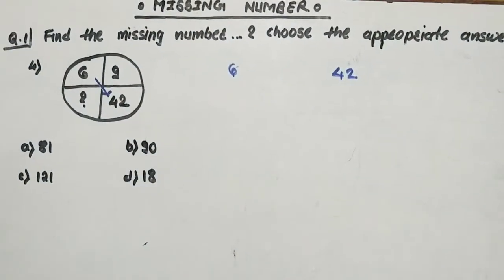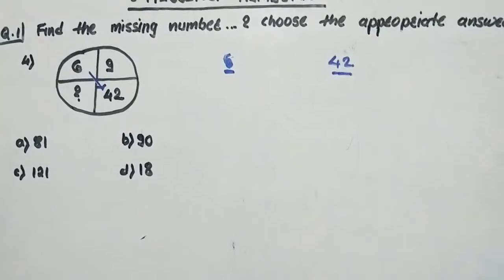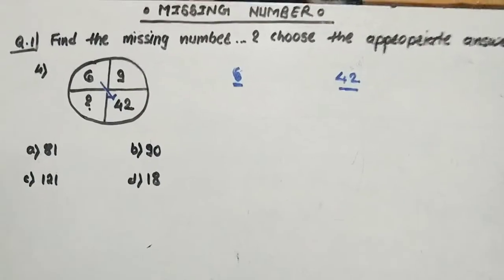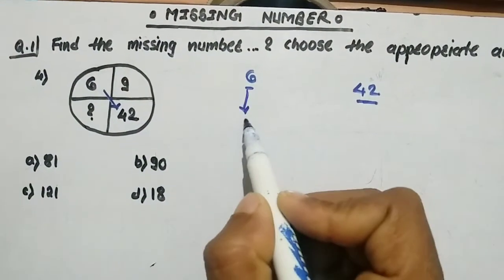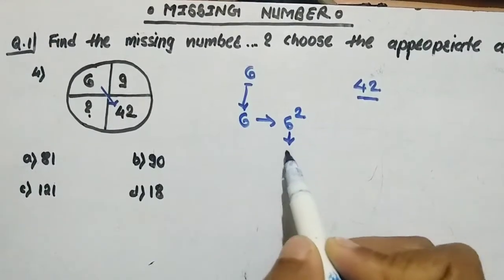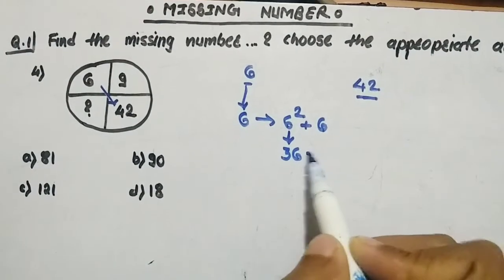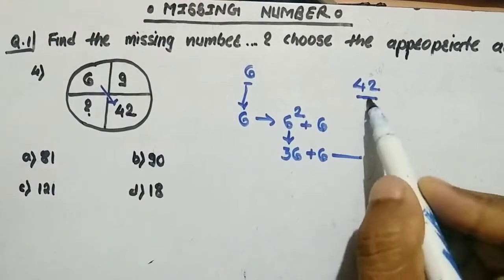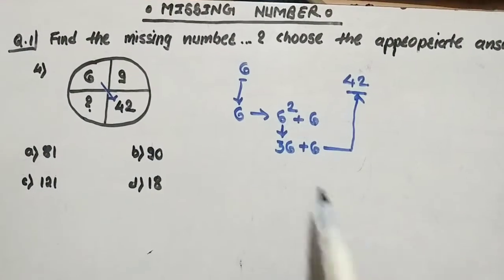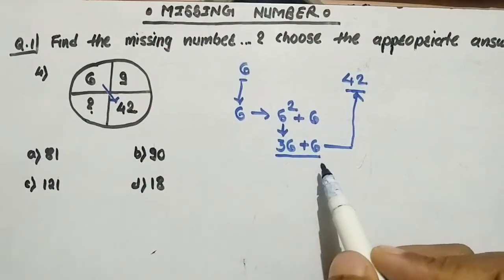Now if we see the journey of 6 and 42, how is 42 derived from 6? 6 as it is, 6 squared is 36. When we add 6, then we get 42. I think this is clear to everyone. Square of 6 and add that number.